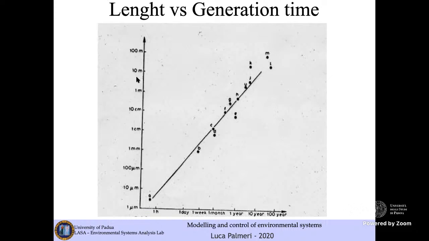And if we plot a typical dimensional indication of this organism, for example the length, we go from micrometers to millimeters to centimeters up to hundreds of meters. And we see that all these dots that represent the whole realm of living objects, going from small bacteria up to enormous oak plants, all display in a log-log plot along a line.